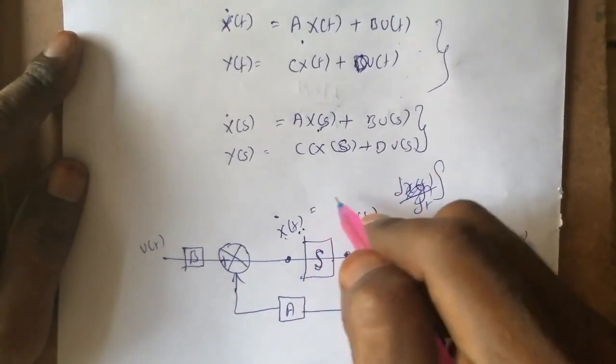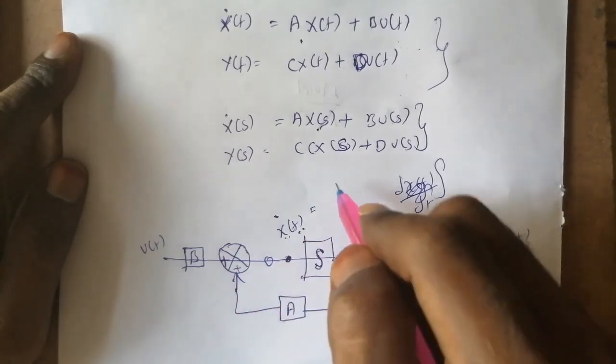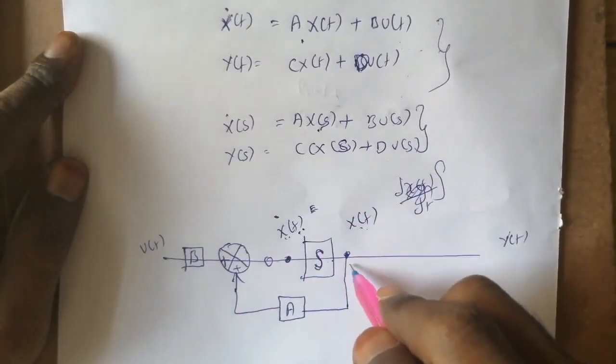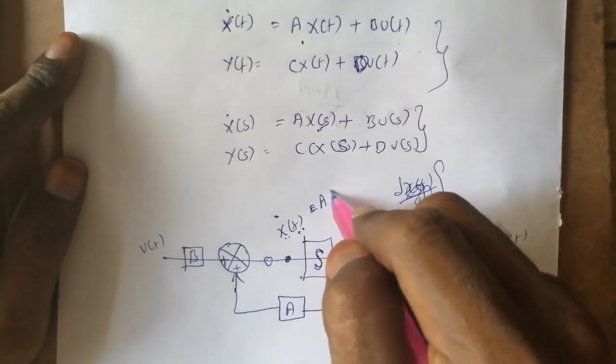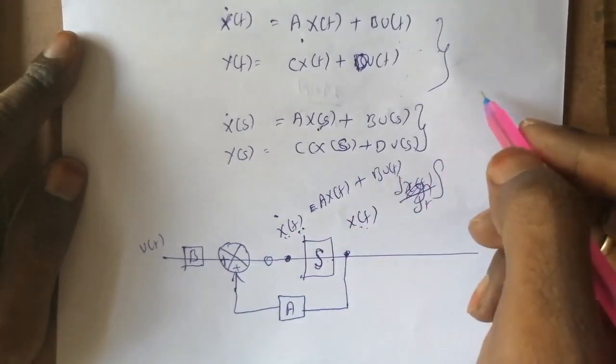This is the output of the summing point, and you are getting x dot of t. So x dot of t equals aX(t) plus bU(t). One state equation we obtained.